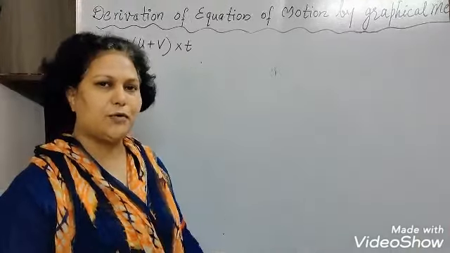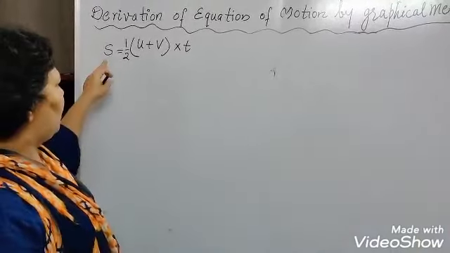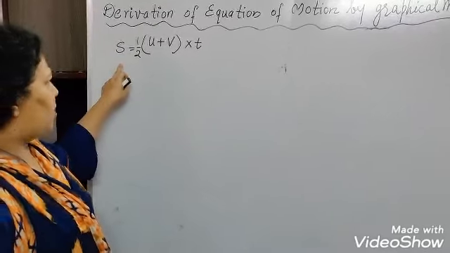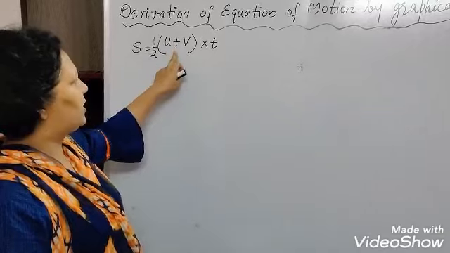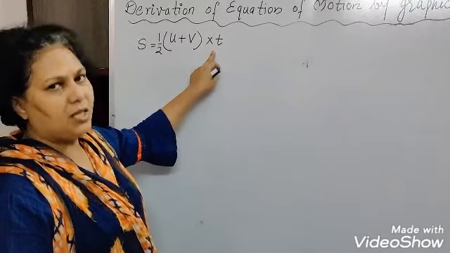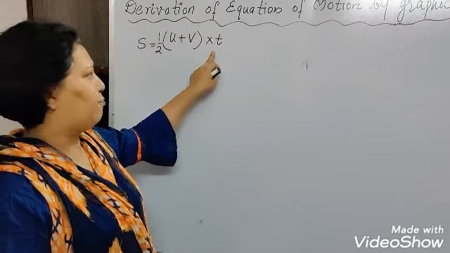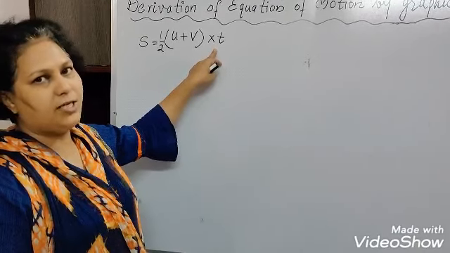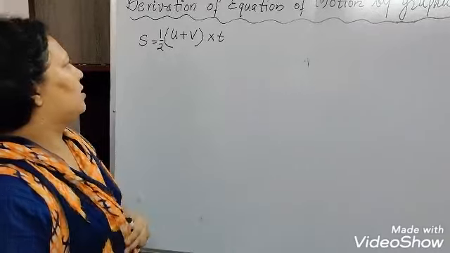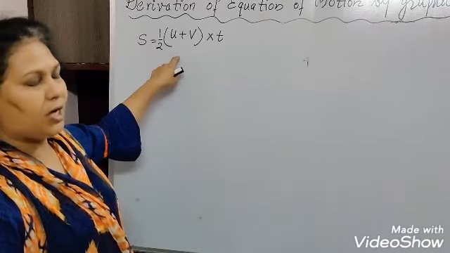To derive the second equation of motion, we already have the formula of displacement, that s is equal to half in bracket u plus v multiplied by t. This we already derived when we equated displacement to the area under the v-t graph. From that we got this formula.